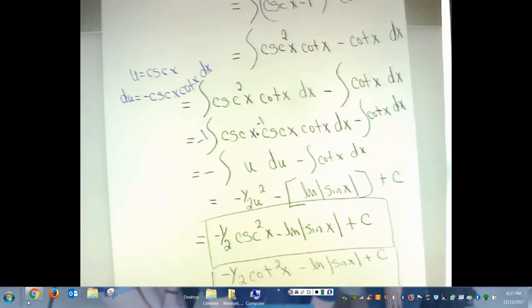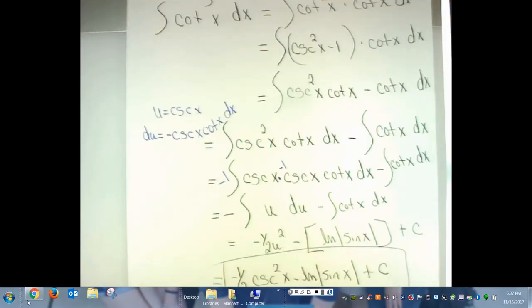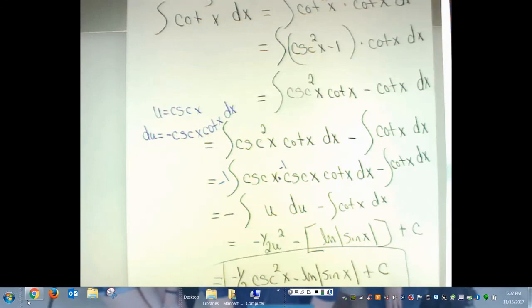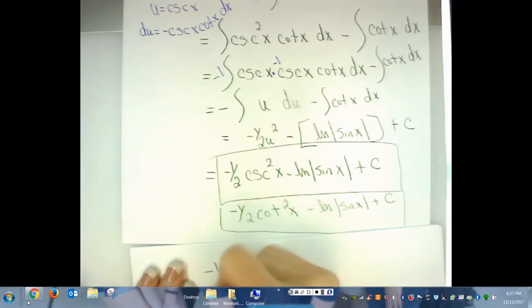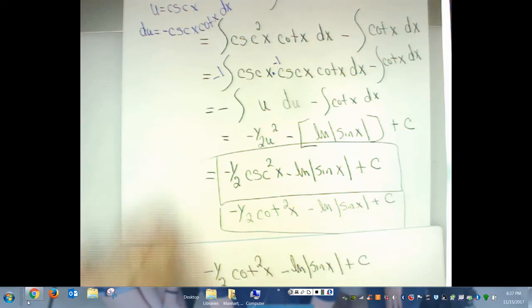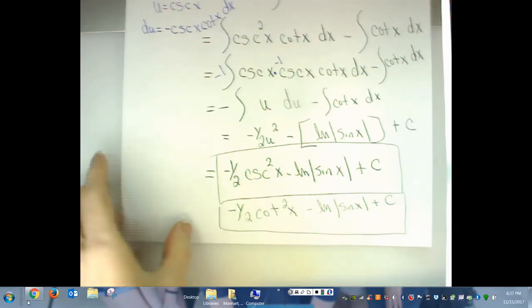And I would just know that some students would let u be cosecant x, and other students would say, well, let u be cotangent x. I am going to take the one that we just received, negative 1/2 cotangent squared x minus the natural log absolute value of sine x plus c, and I'm going to prove that it's equal to negative 1/2 cosecant squared x minus the natural log of sine x plus c.